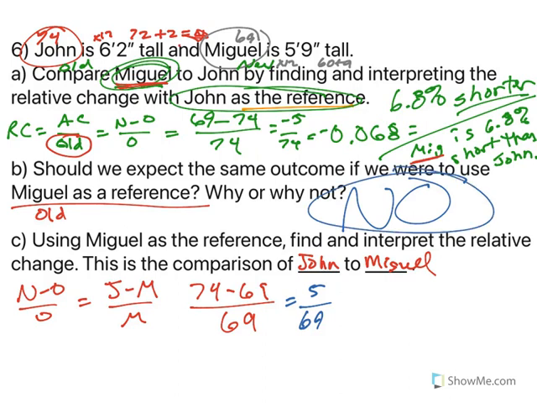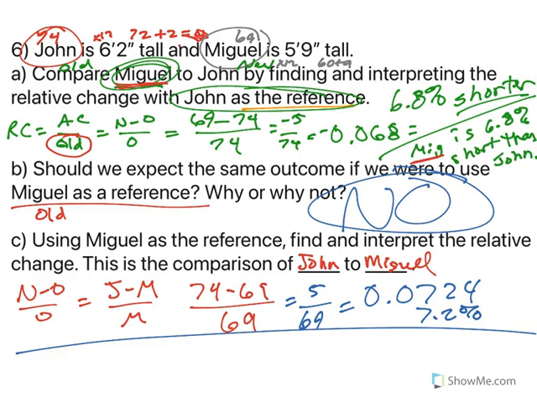So the answer to part B is no, because when you're finding a relative change, you're changing the reference. And because we're changing the reference and the denominator, it's going to change our decimal, it's going to change our percentage. The relative change is different. So when I take 5 divided by 69, I get 0.0724, or roughly 7.2%. So that means John is 7.2% taller than Miguel.